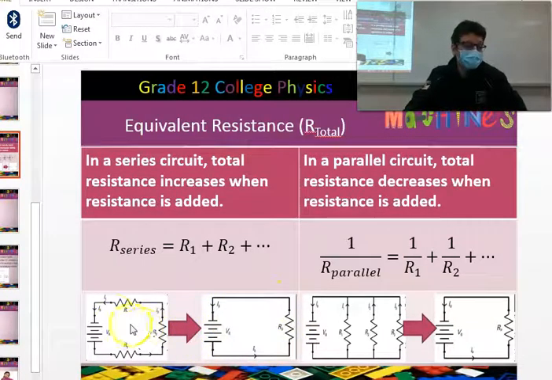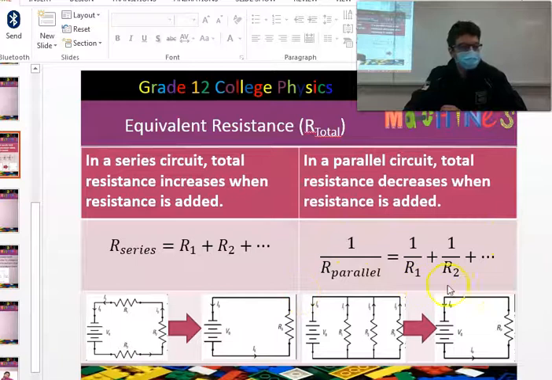Now, in a series circuit, if you have resistors in series, the total resistance or equivalent resistance for an equivalent resistor is the sum of these. Okay, so if this is 20 ohms, 20 ohms, and 20 ohms, then your total is 60 ohms. Now, for a parallel circuit, it gets a little bit more trickier.